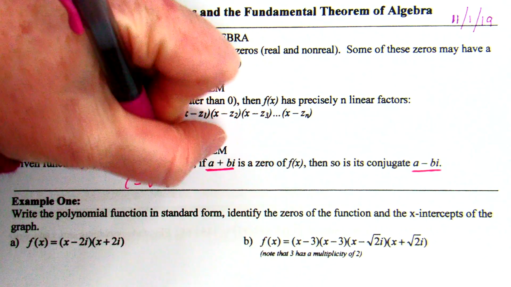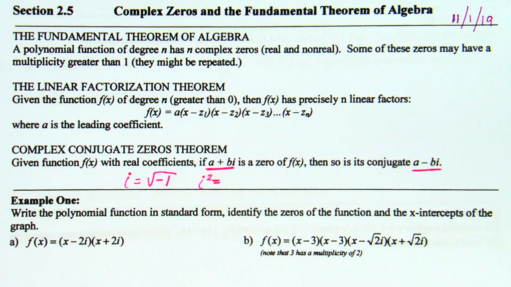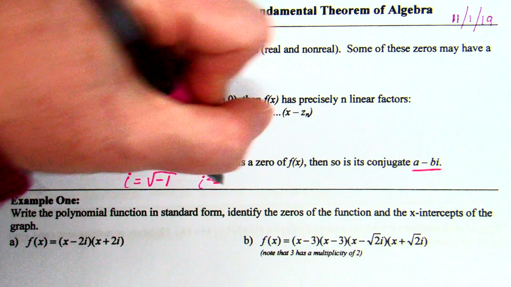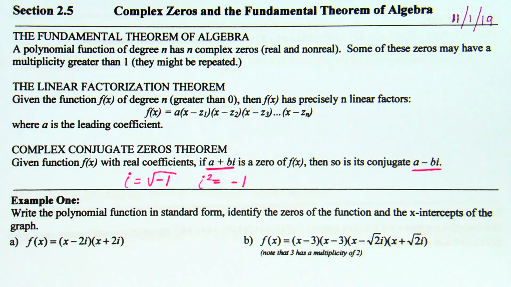If i is the square root of negative 1, what is i squared? It's just negative 1. Because what happens when you square a square root? You get whatever is under the square root, right? I know I've said that before.